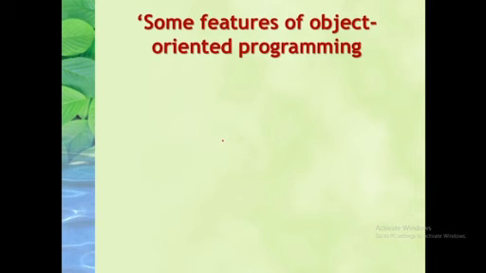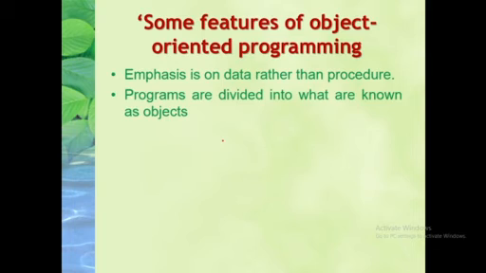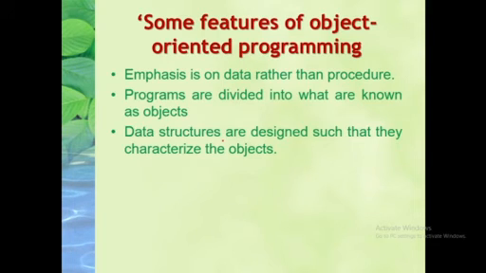Some important features of object-oriented programming: emphasis is more on data rather than on functions or procedures. Programs are divided into objects and classes, and data structures define the characteristics of the object.